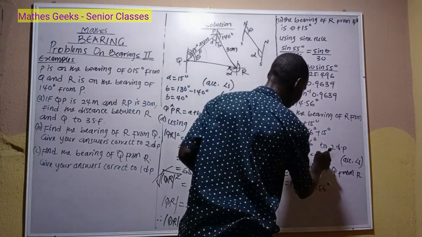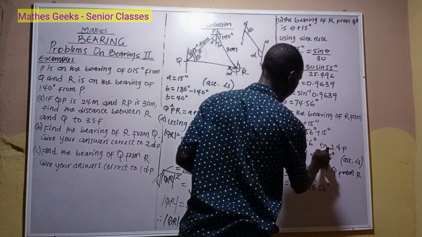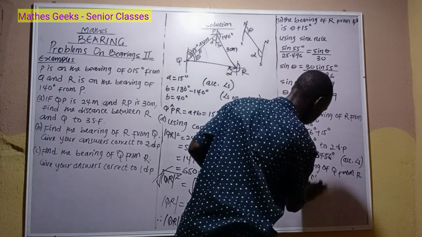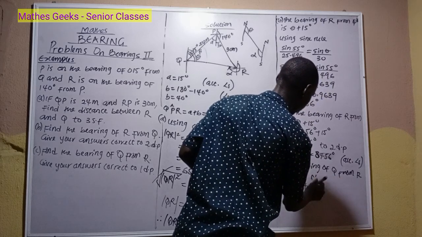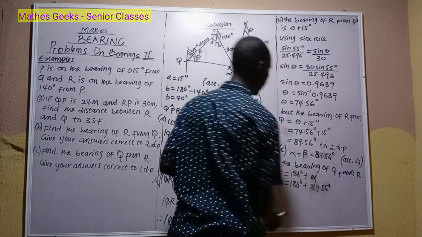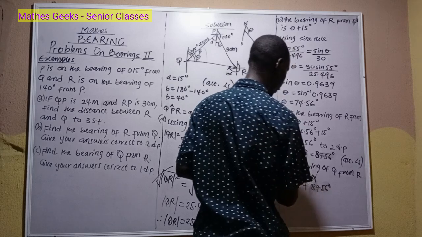So it's going to be 89.56 degrees, and here will be 89.56 degrees. So alpha equals beta, 89.56 degrees.